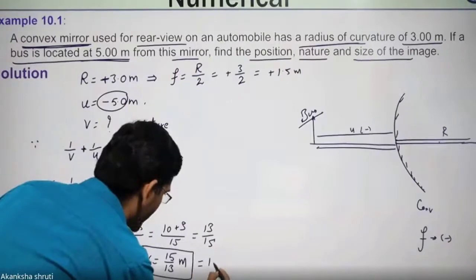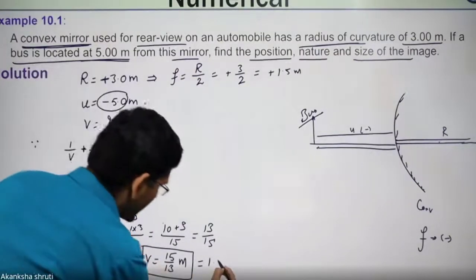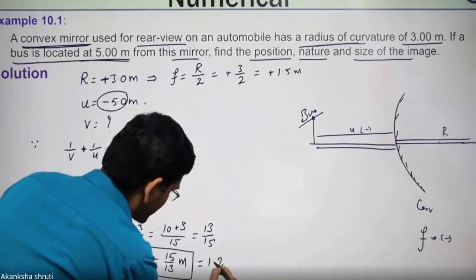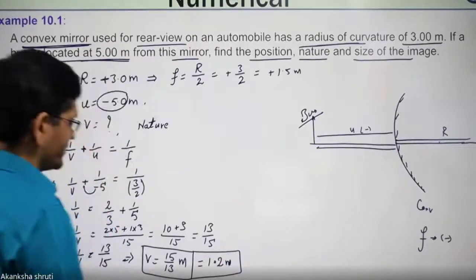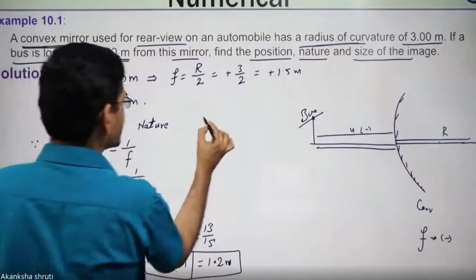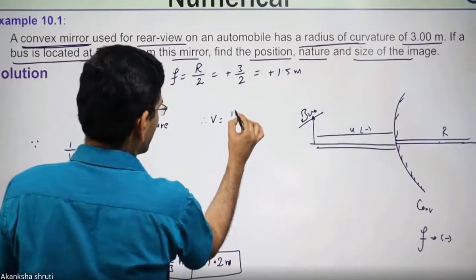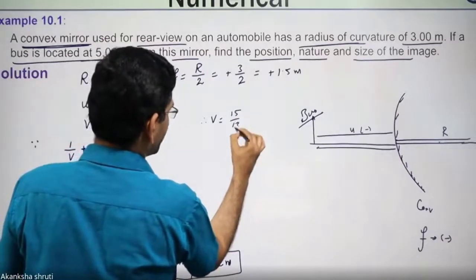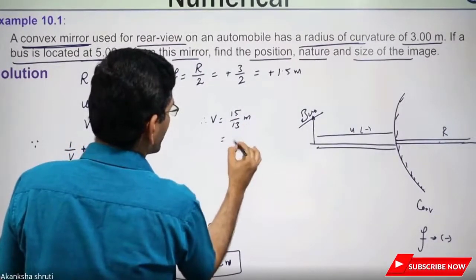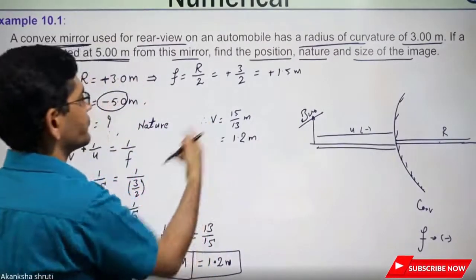So it is 1 point, the next one is 3, it will come 2 times, approximately 1.2 meter. Therefore, here we are getting that the v that we have calculated is either 15 by 13 meter or 1.2 meter. This is the v.